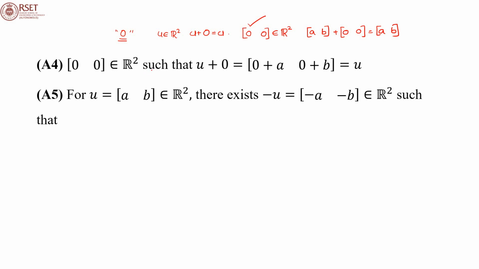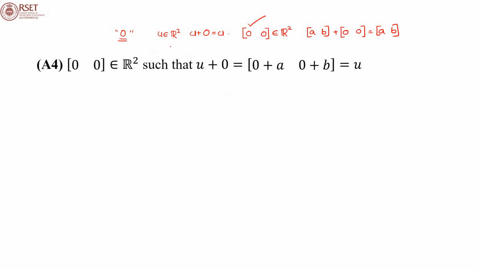Now what is A5? For any vector u belonging to R2, there must exist a minus u belonging to R2. So let us consider u as (a, b). Then minus u can be considered as (minus a, minus b).